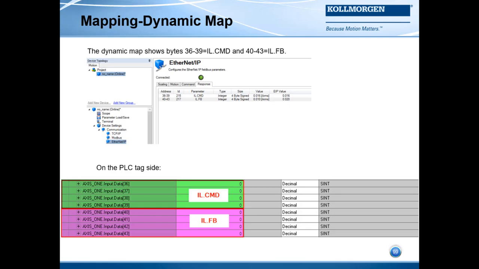On the PLC tag side, you'll notice that I've highlighted in green the 4 bytes from the axis_1.input.data 36 through 39 that are going to contain the data as read when dynamic mapping is enabled, the data of the il.cmd parameter. And likewise, bytes 40 through 43 will contain the il.fb.